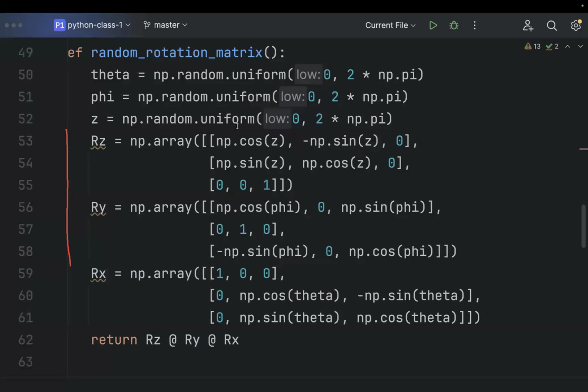There are three rotation matrices. Yes, so these are three rotation matrices, one around the z-axis, one around the y-axis, one around the x-axis. And what am I doing with that? First rotate along x, then y, and then z.